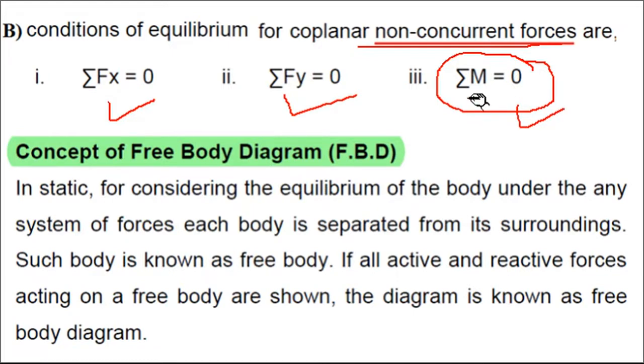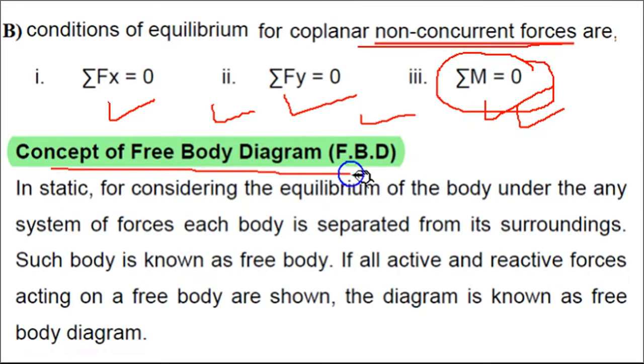Because in a non-concurrent force system the forces have different lines of action, at a certain distance from each other, so when you have to solve the problem, you should use this condition, moment equal to 0. So in a concurrent force system there are two conditions, Fx = 0 and Fy = 0, and in a non-concurrent force system there are three conditions, Fx = 0, Fy = 0 and moment equal to 0. This is an important question for your examination.